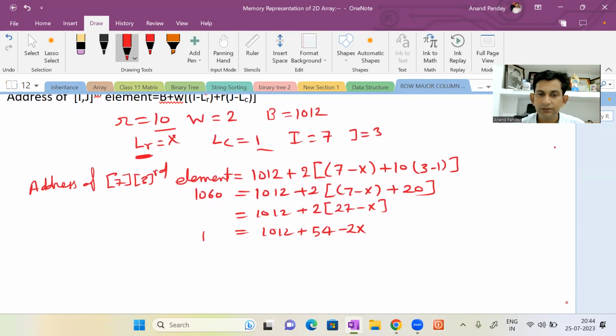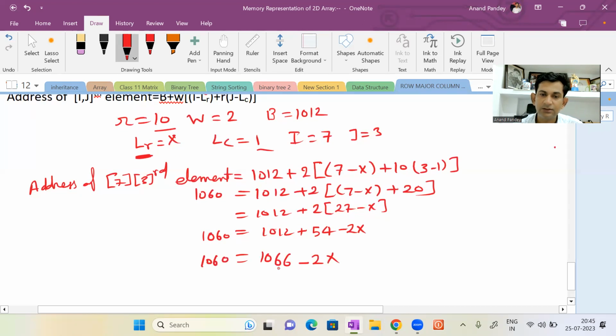Okay, 1060. Sorry, let me solve everything first. 10 plus 54 is 1066. I think, am I correct? 1066 minus 2x equals 1060.